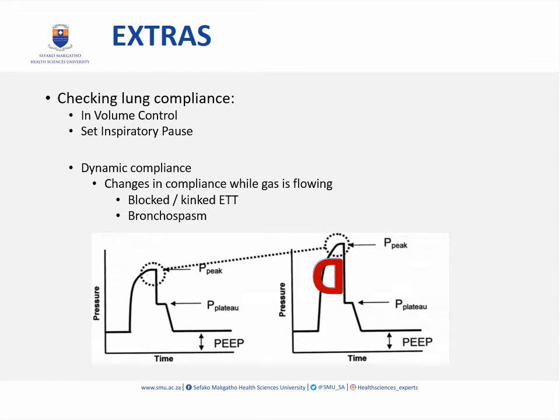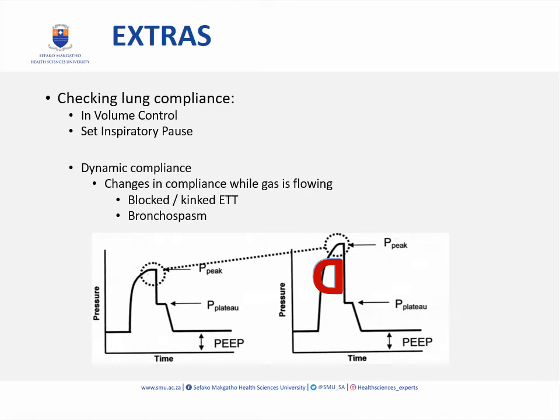So it may only be for a moment that you see this particular pattern, but you may actually have to keep track of what your pressures are actually doing numerically to really see the difference. But just from a picture point of view, if you're looking at the graphs showing dynamic compliance changes, this is how I would remember it.